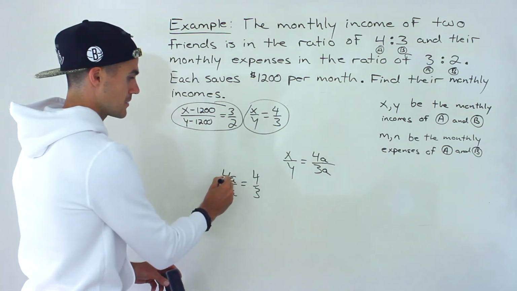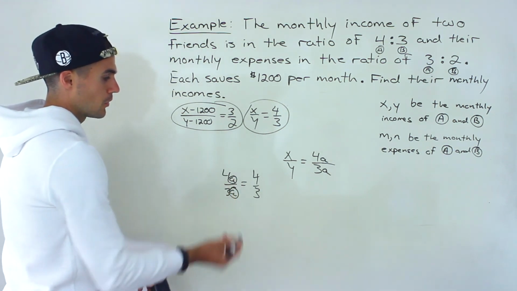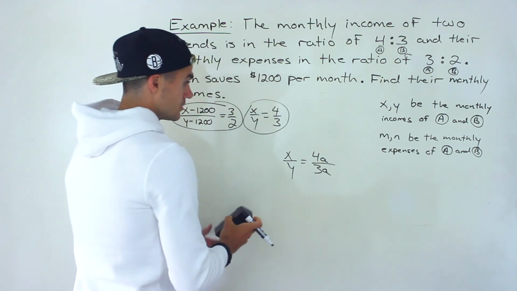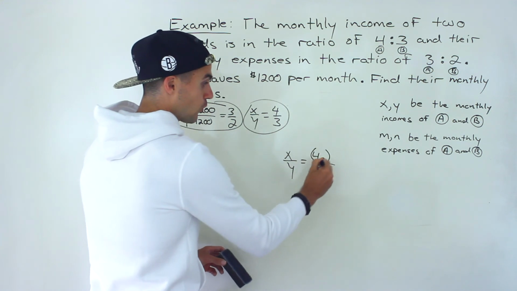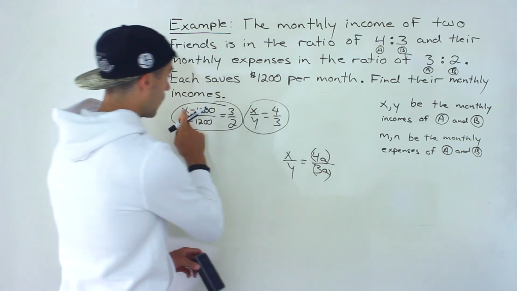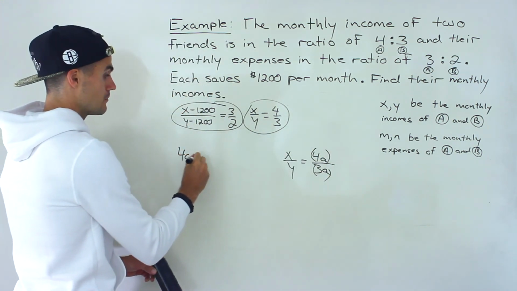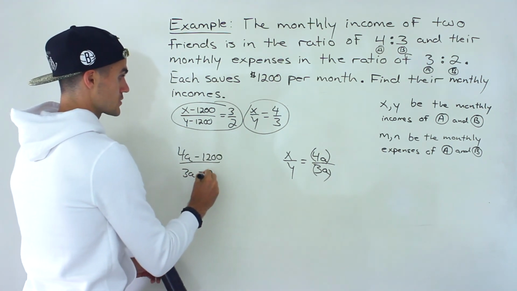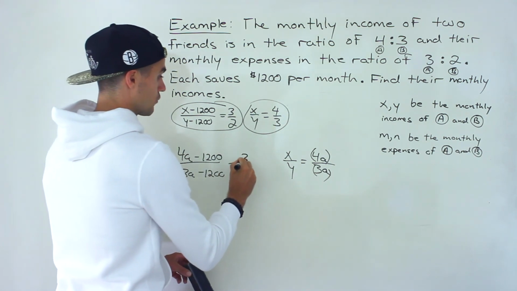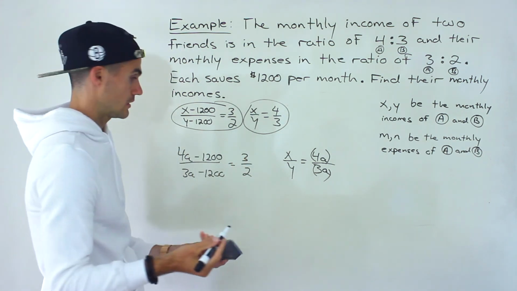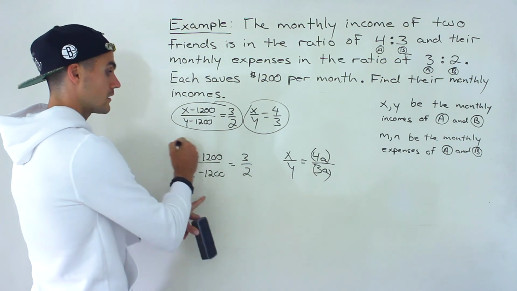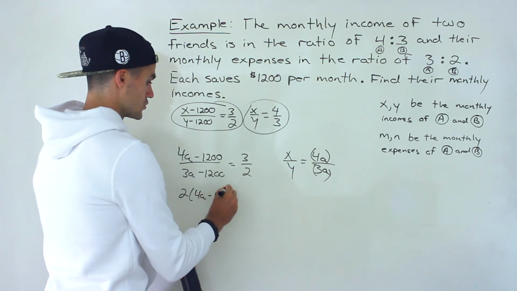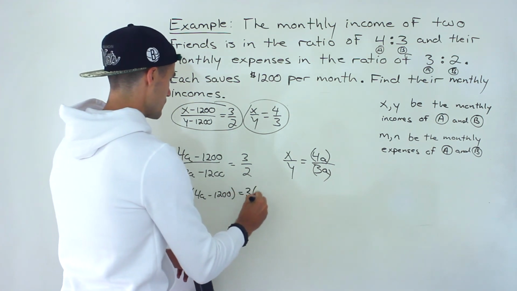You could think of this as a constant that you're multiplying. And so what you can do is plug in 4a and 3a for x and y over here. So we'd have 4a minus 1200 over 3a minus 1200 is equal to 3 over 2. And then from here, you can cross multiply, and you just have to solve for that a value.